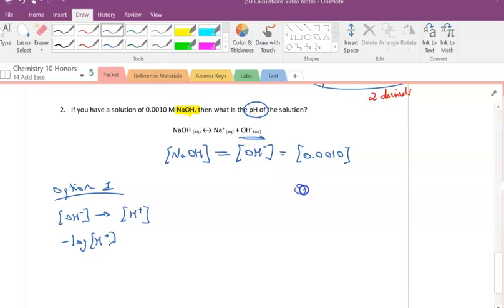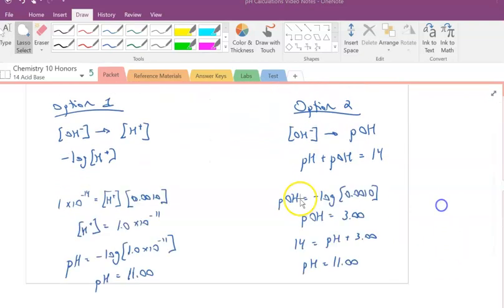The second option, using my 6 equations, which will also get you to the correct answer, is I would use my OH concentration to solve for pOH, which again is not the typical unit that we use when talking about acids and bases, but it becomes useful in terms of doing the math. And if I know the pOH, then I can use pH plus pOH equals 14. These 2 numbers added together always add up to be 14, and I can figure out the answer there.